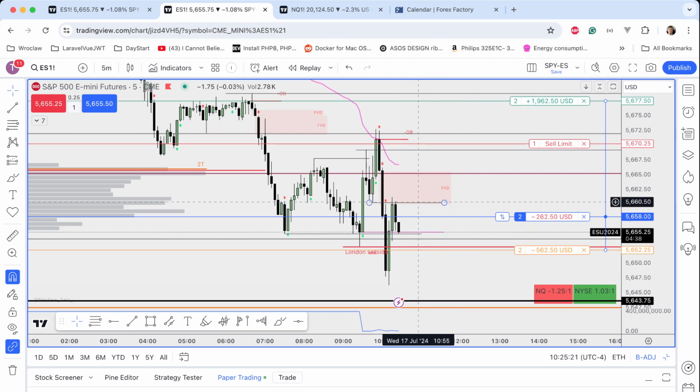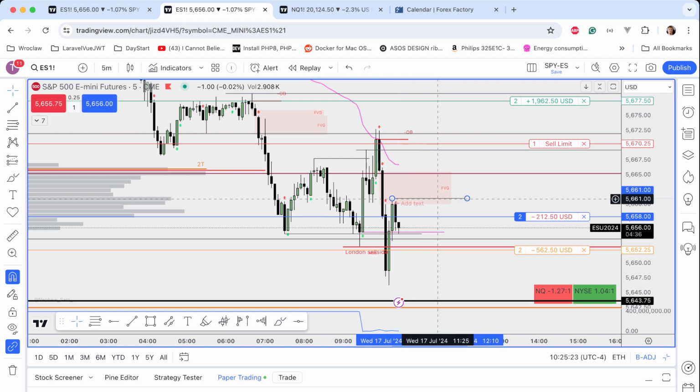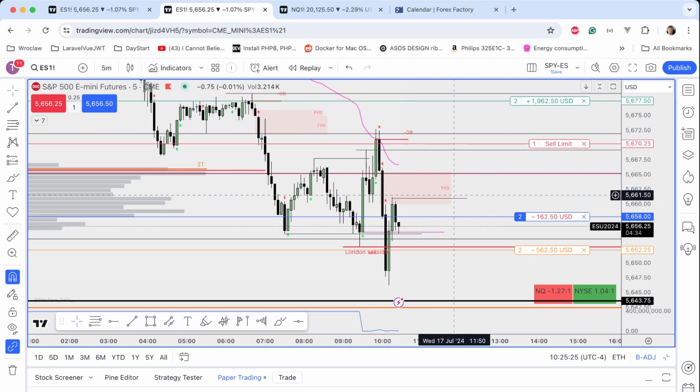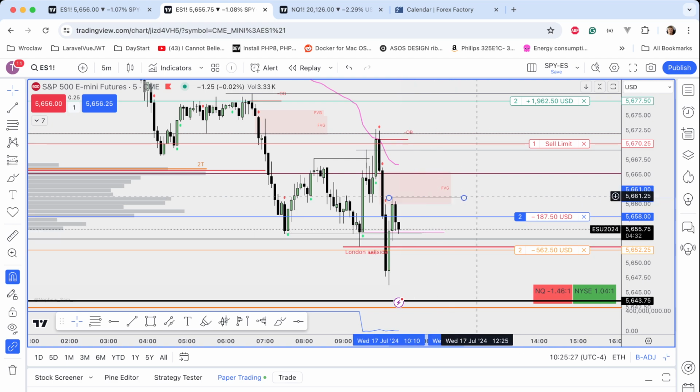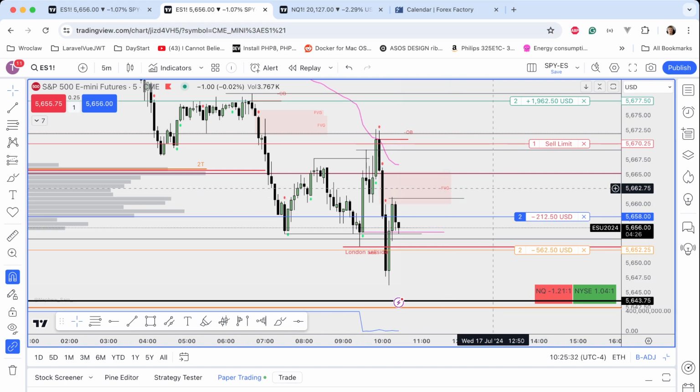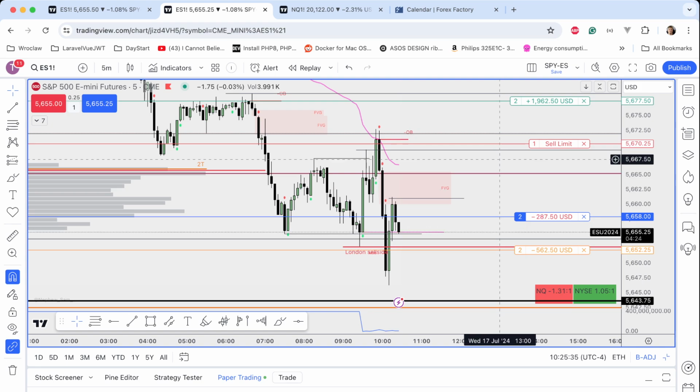That's gonna be the level of the 15-minute candle. They should push through if they're planning to go higher.